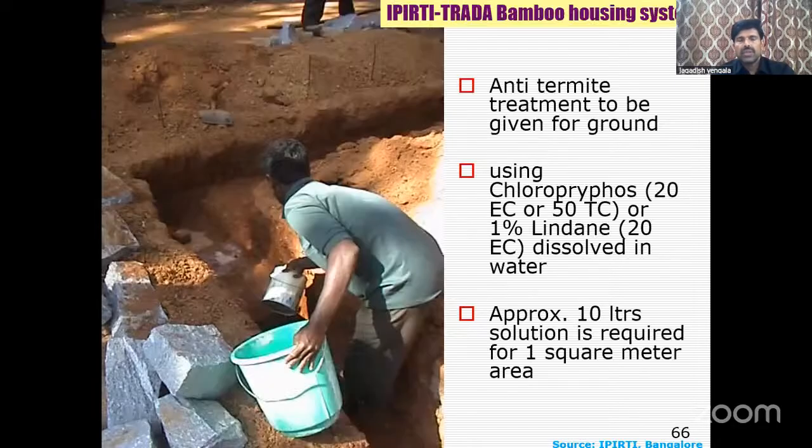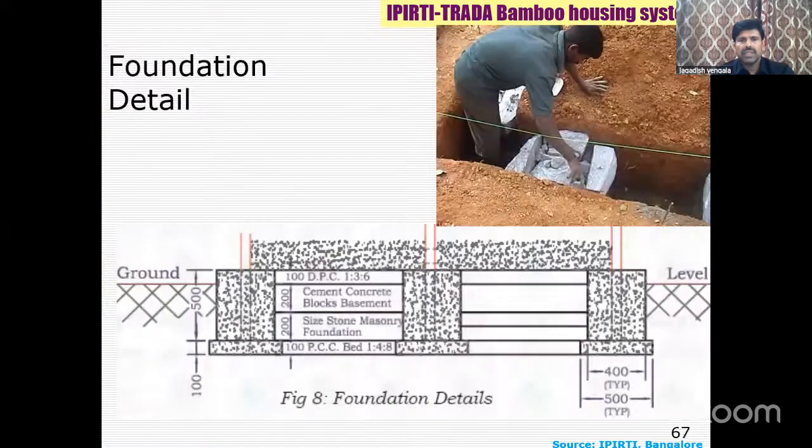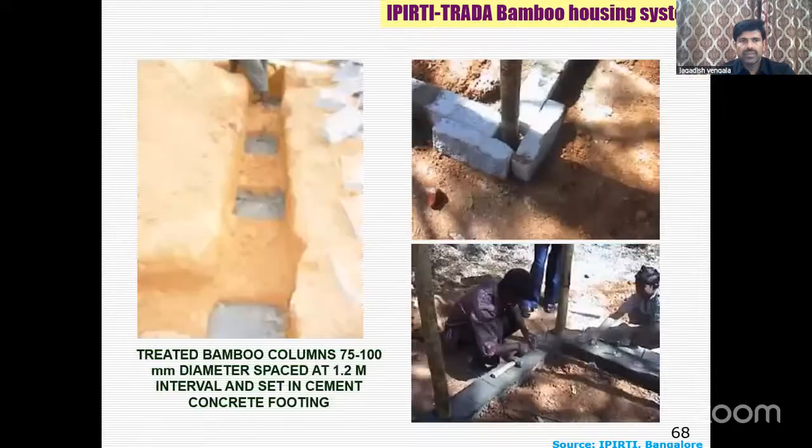Now I'm going through the typical construction process again: anti-termite treatment, and then wherever the column is coming up, we go with an RCC footing. In the rest of the places you can raise the masonry structure. Typical depth is around 2 to 3 feet for the bamboo column to transfer the load to the ground.